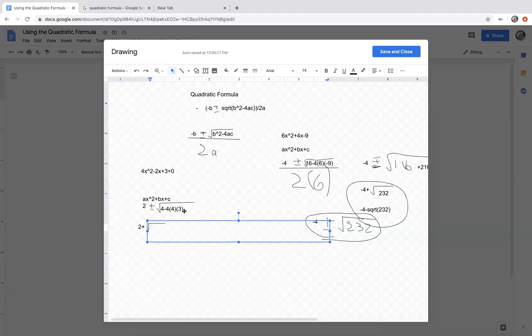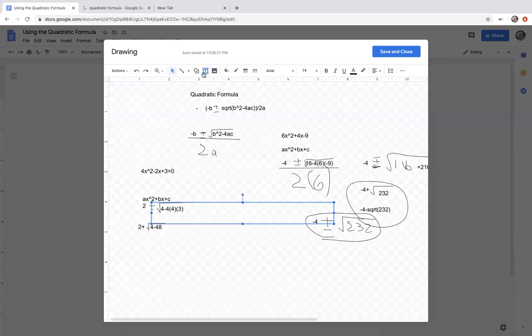So it would be 4 minus 48. So right when you get here, you realize that this 4 minus 48 comes out to be negative. It comes out to be negative 44.